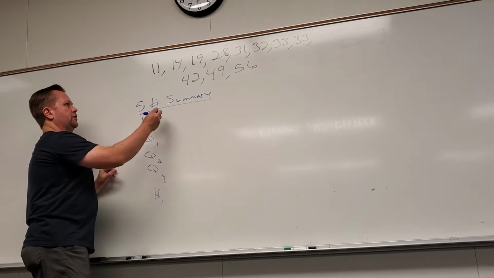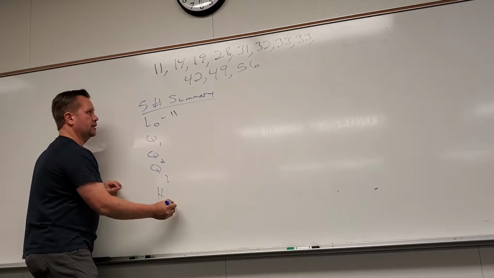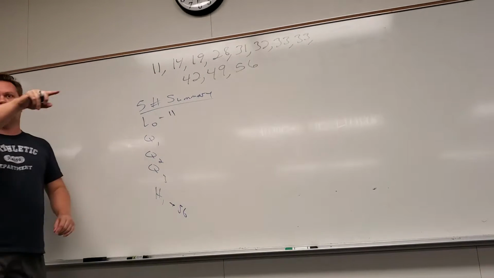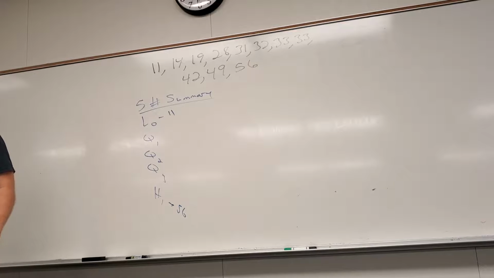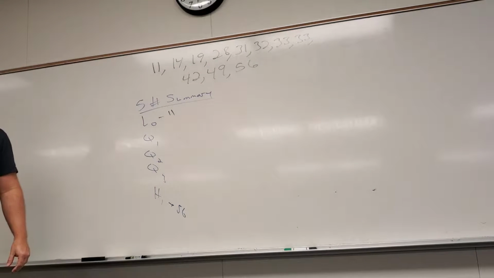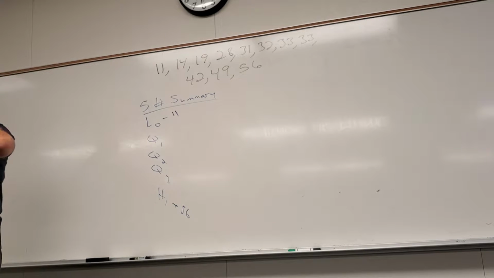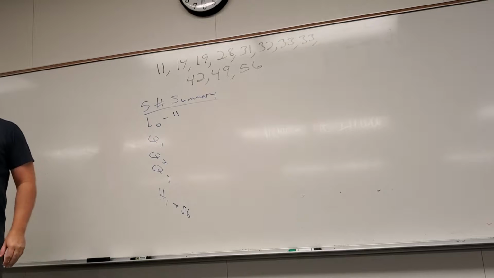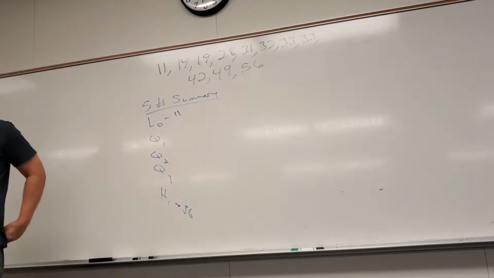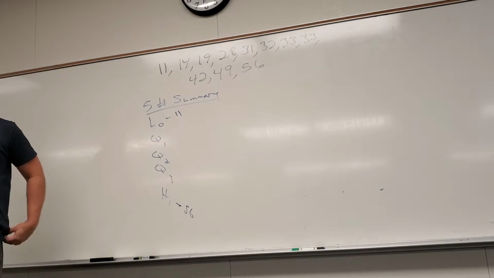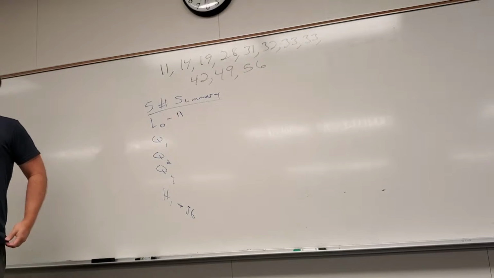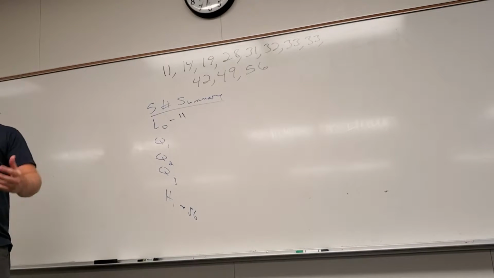So the low and the high are easy. The lowest is 11, the highest is 56. What's really nice about the data I gave you is that the data must be in order, or else percentiles don't mean anything, because then you can just put whatever number you want wherever you want it. That would be a form of lying. I know some officials are making it okay to lie, but we know it's not.